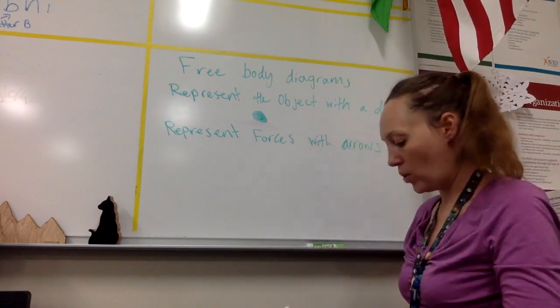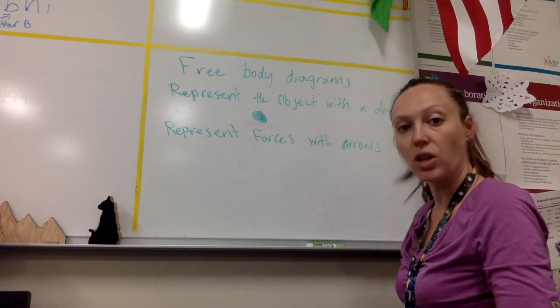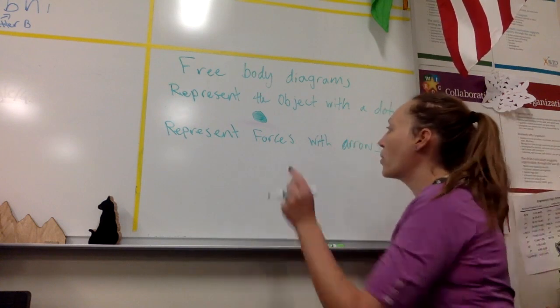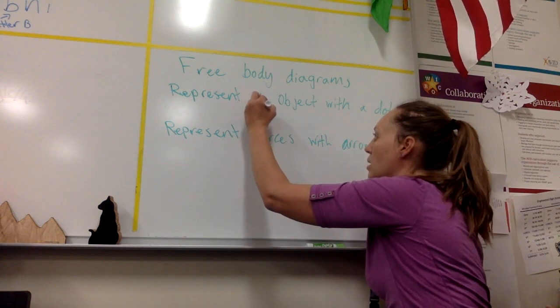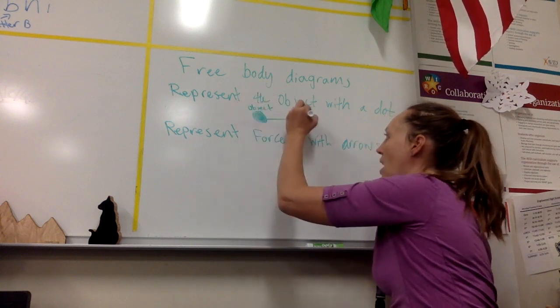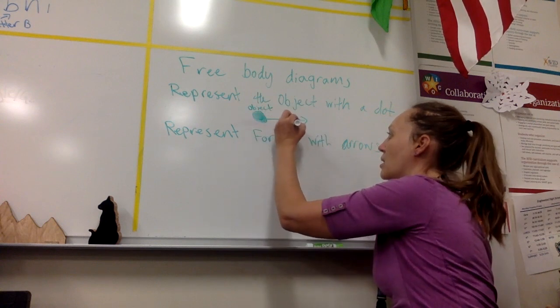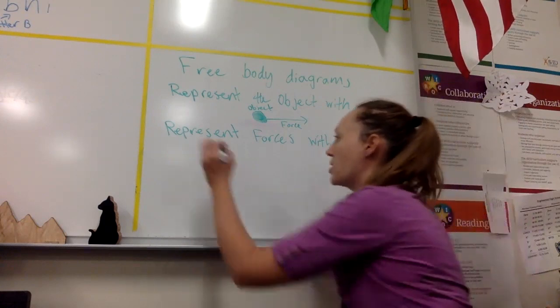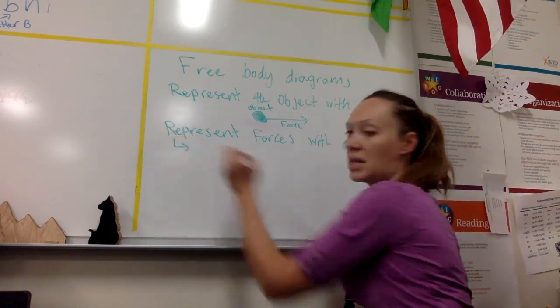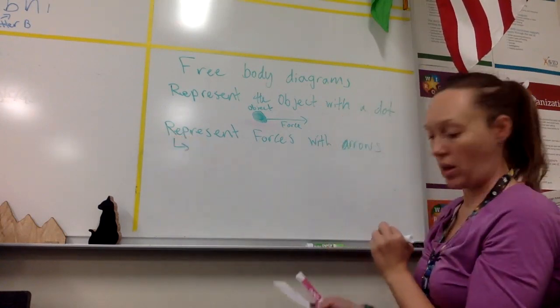And there's a few notes that go along with that. So this is the object, and the dot is the object. And if it has a force on it, this would be the force, that arrow, something like that. And there's a few rules to them.